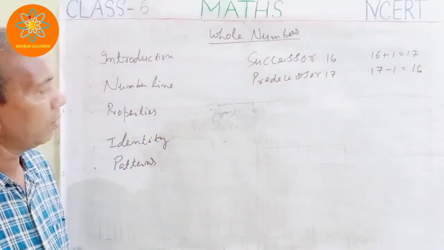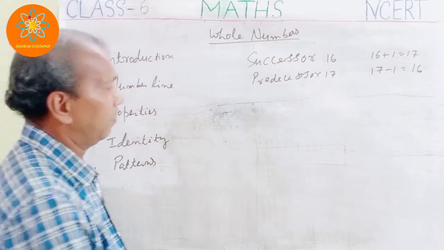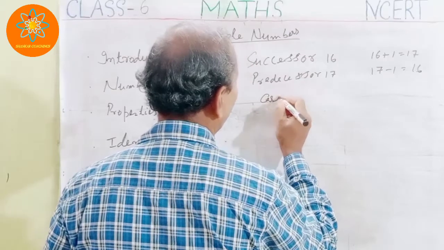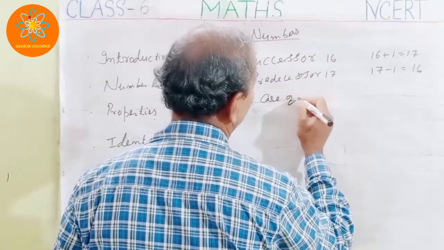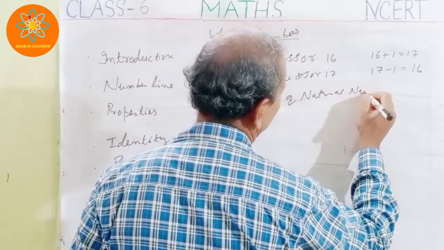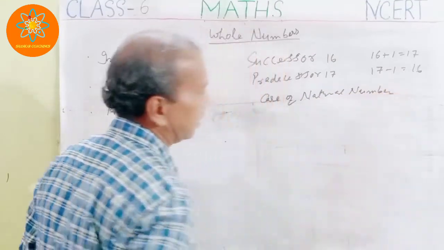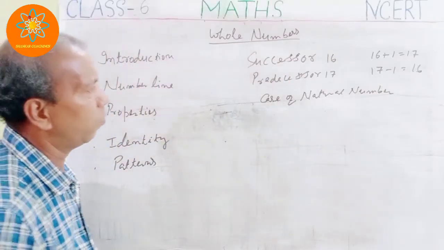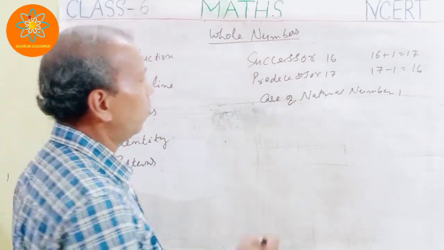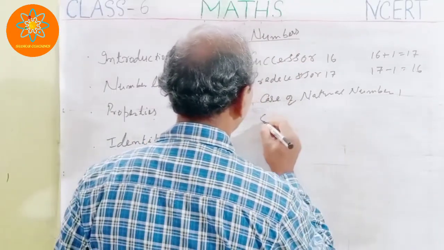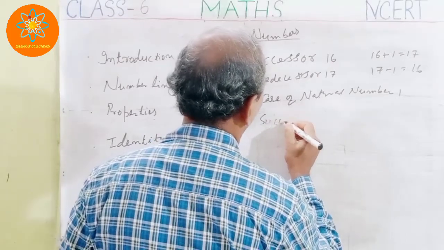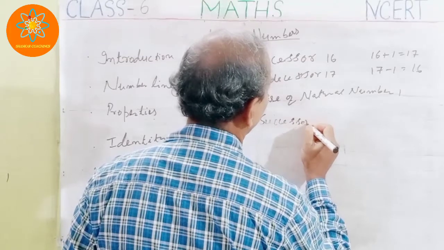Okay. Now I am taking a natural number. Let us suppose the case of natural number 1. For 1, what is the successor? I want to find the successor of 1.